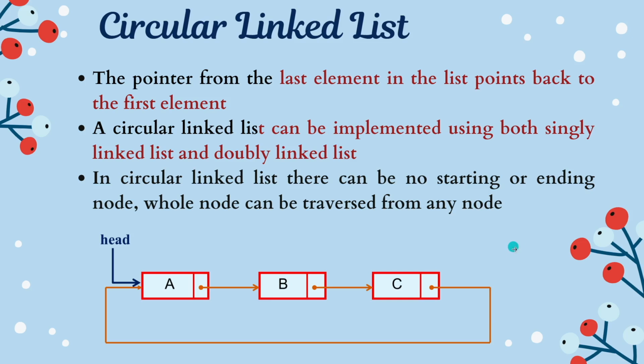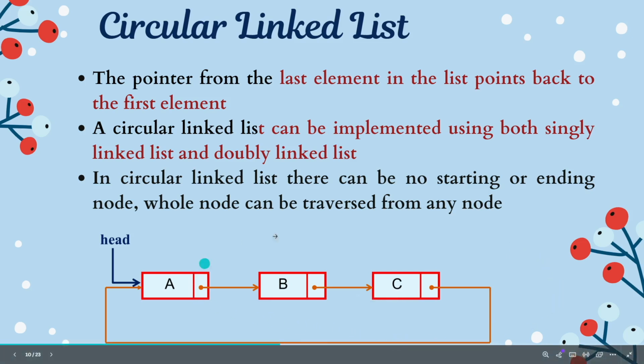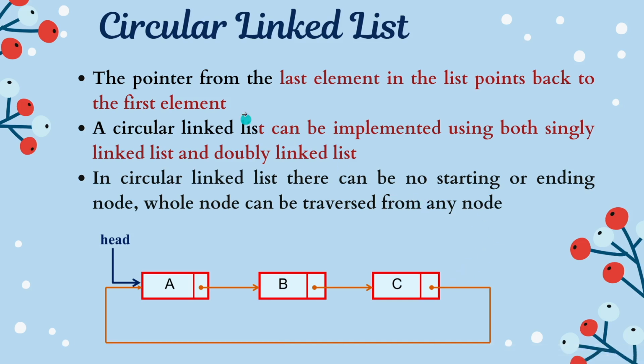In a circular linked list, we can traverse through the list from any position. The last node will have a pointer to the first element in that list, and there is no starting or ending point for a circular linked list, and it can be traversed from any node in the list.